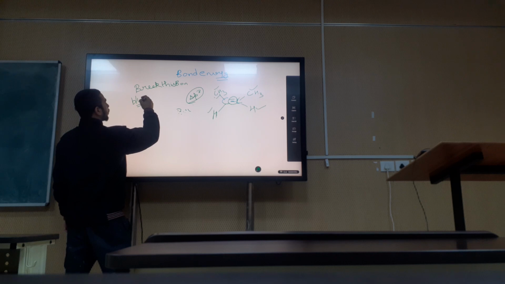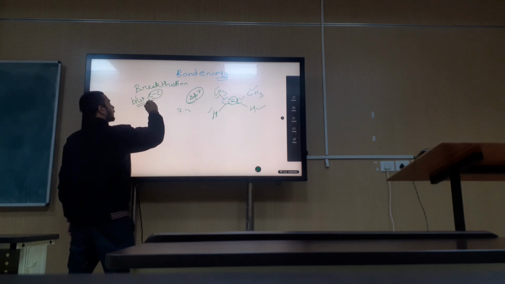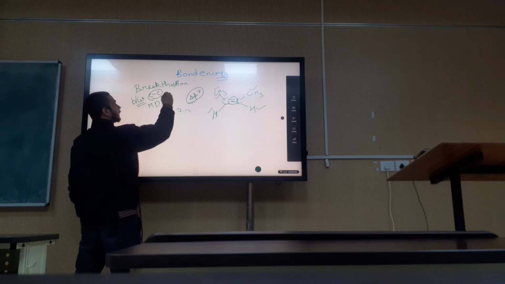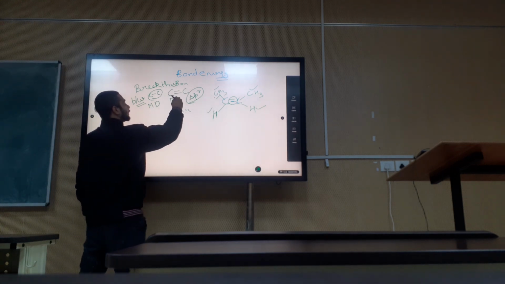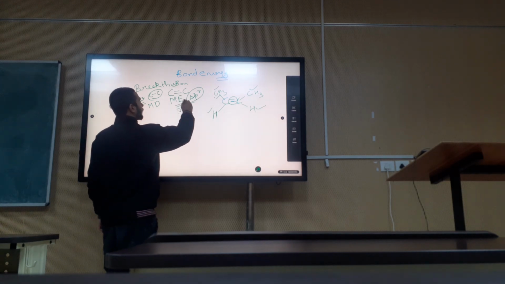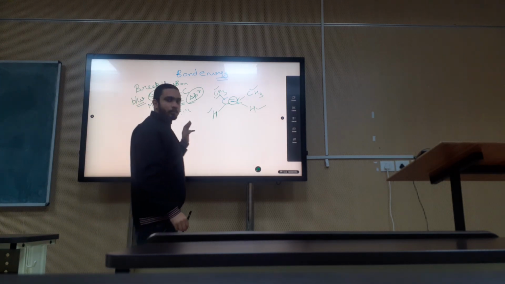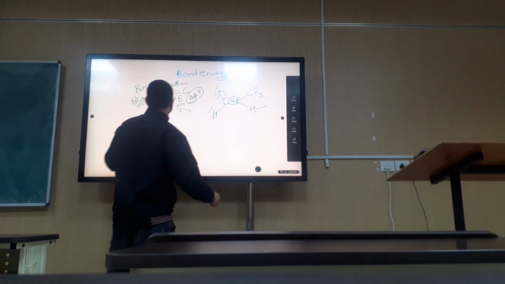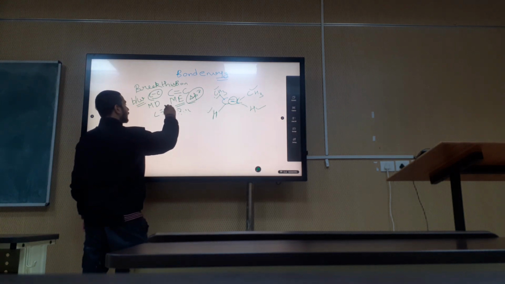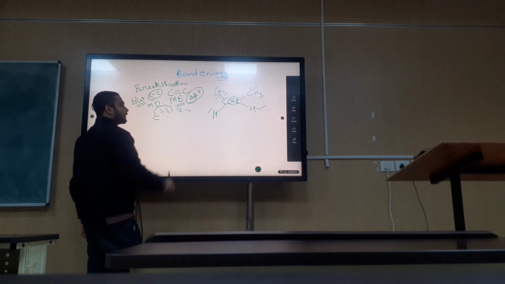To break this C single bond C will be more difficult than to break C double bond C. It is easier to break C double bond C, and to break this C single bond C is more difficult, and to break this C triple bond C is further easier.